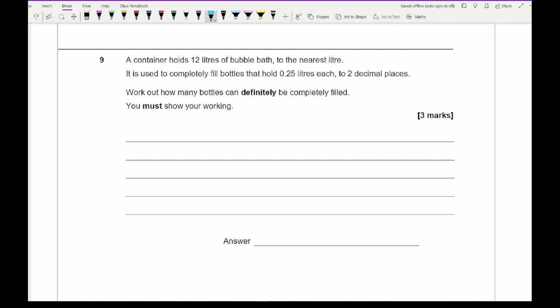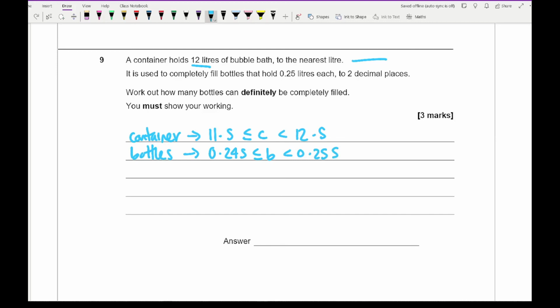So for this, let's have a look at the upper and lower limits. For the container, to the nearest litre, it's going to be 11.5 to 12.5. And for the bottles, the limits are going to be 0.245 and 0.255. Now, for it to be definitely completely filled, we want the worst case scenario.